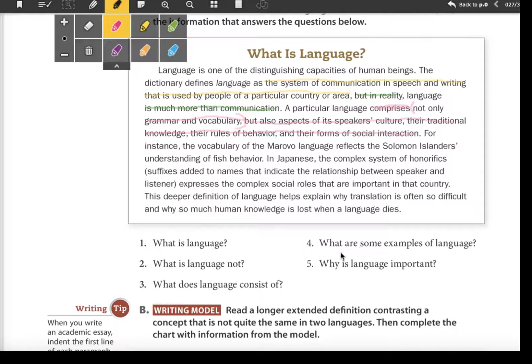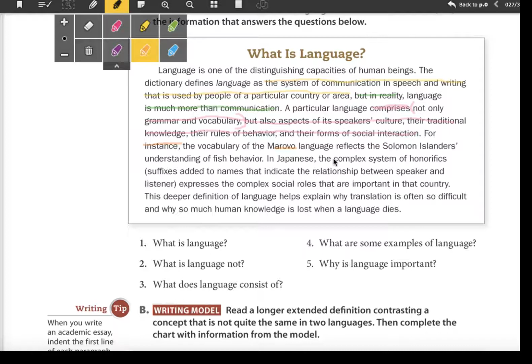Now down to 4, what are some examples of language? Well, how do we find that? Well, we can find that down here. For instance just means, for example, right? It's the same way of saying, for example. So they gave the Moravo language as an example. And they said, how does Moravo understand fish behavior?